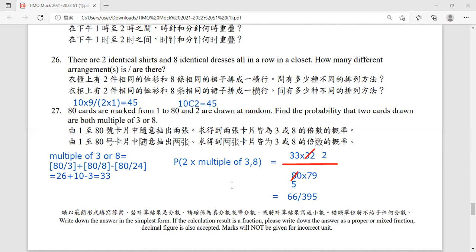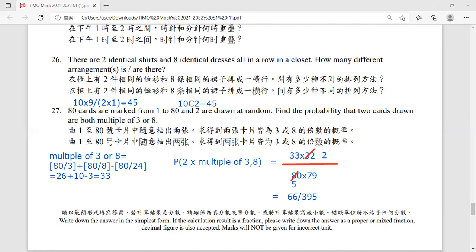Now, if you don't understand why I have the times set, it's because there are only 33 cards that fulfill the requirement. There are total 80 cards. So for the first card drawn, the probability will be 33 out of 80. And when the card is drawn away, you have only 79 cards left, but you have 32 cards that fulfill the requirement. So you times 32 by 79.